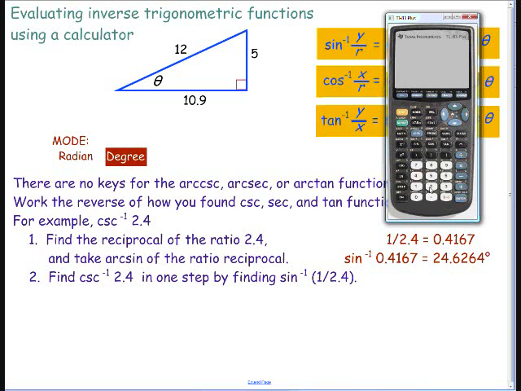So if the cosecant is 2.4, turn it on, 2.4, then its reciprocal partner is sine, which would be 0.4167. Okay. Take the arcsine of that, and we'll know what the angle is.